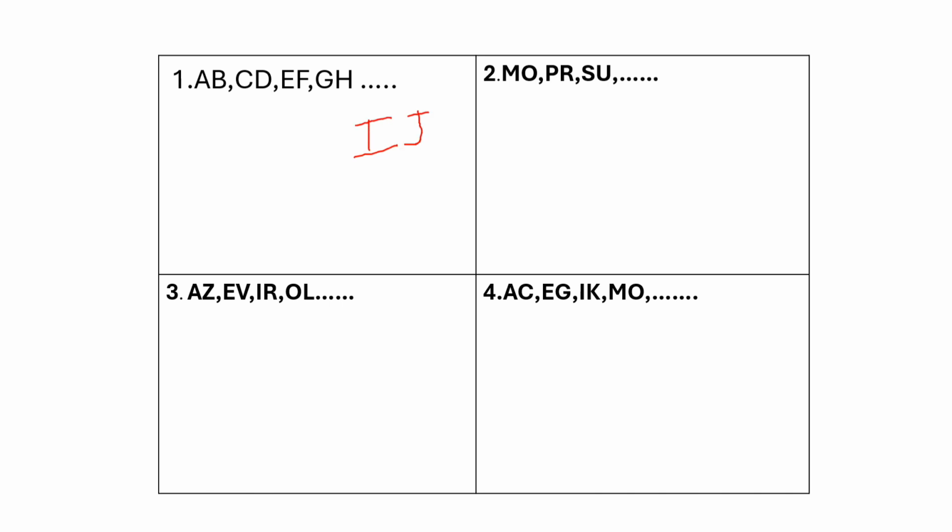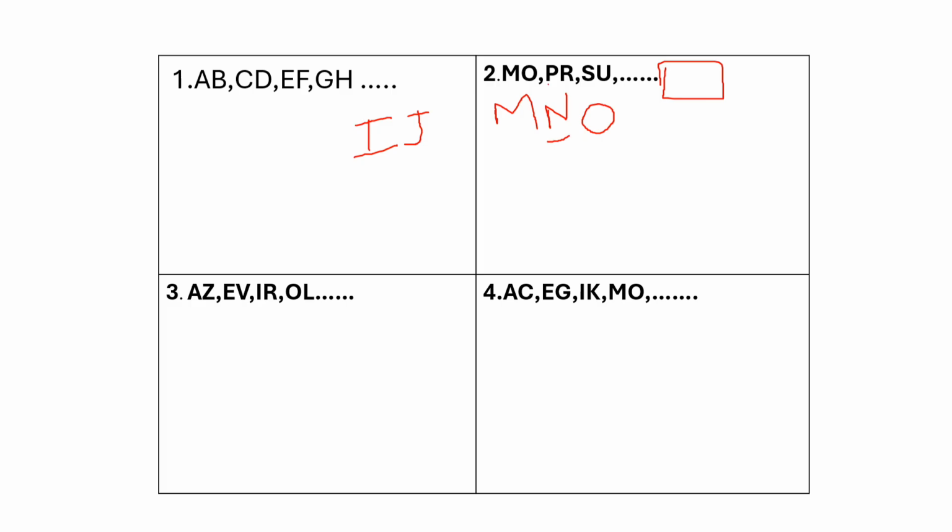Second one is M, O, P, R, S, U. We have to find the next term. Here the logic is: M is there, O is there, and between them, N, the one letter in the middle, is missing.